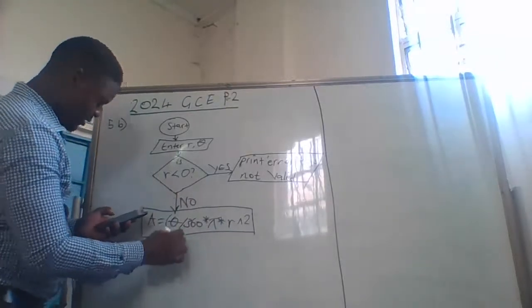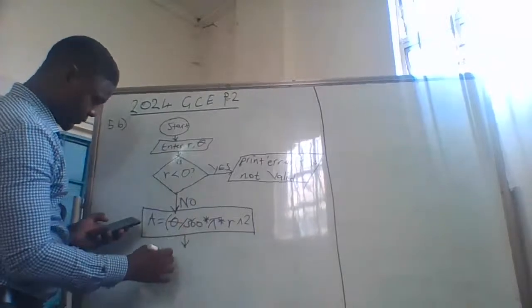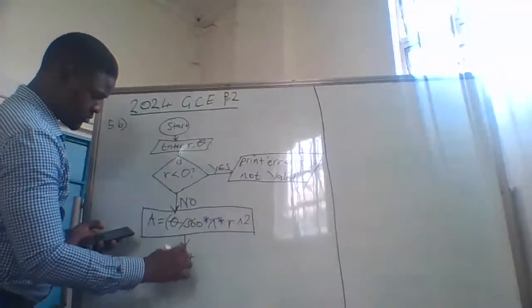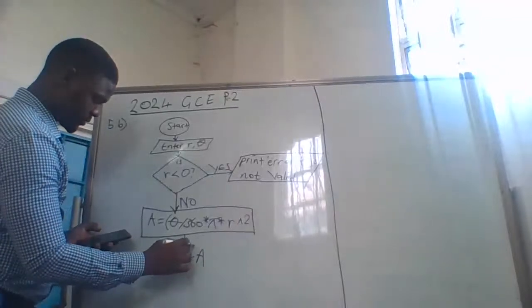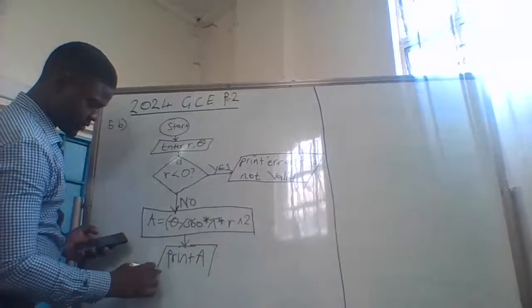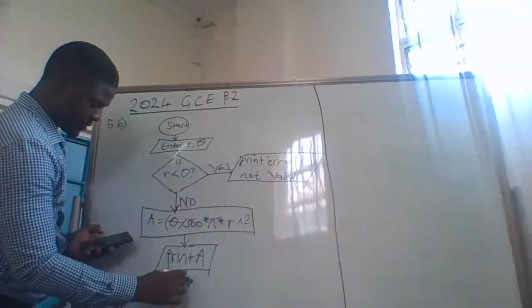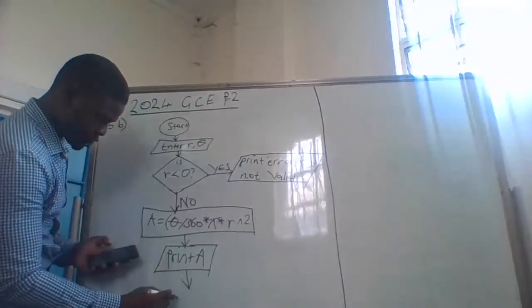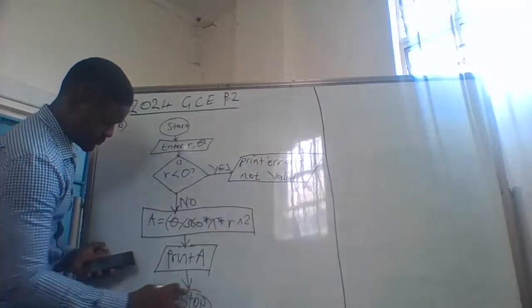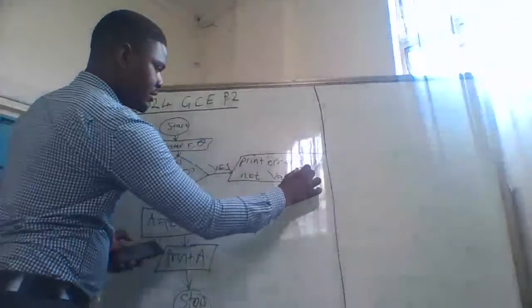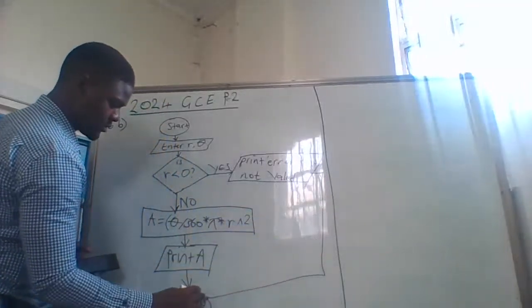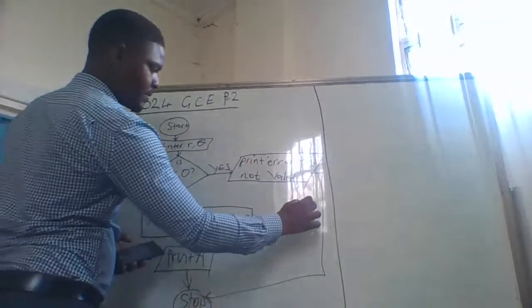Then from there, of course, we have to print A. The symbol for printing goes like that, and after that, we'll say stop.